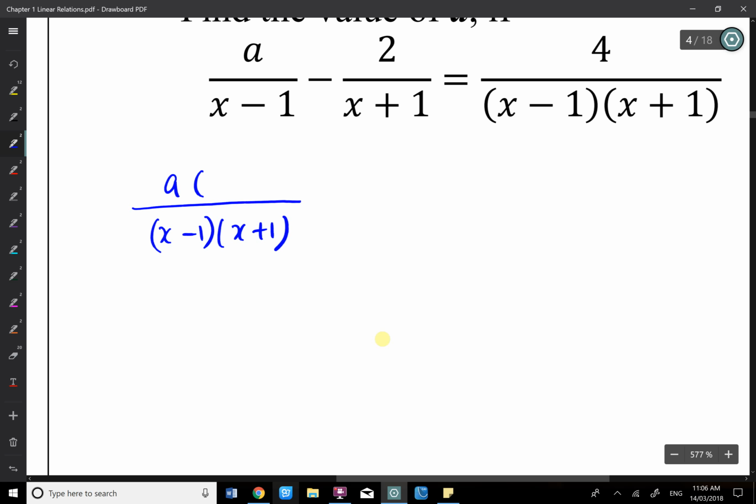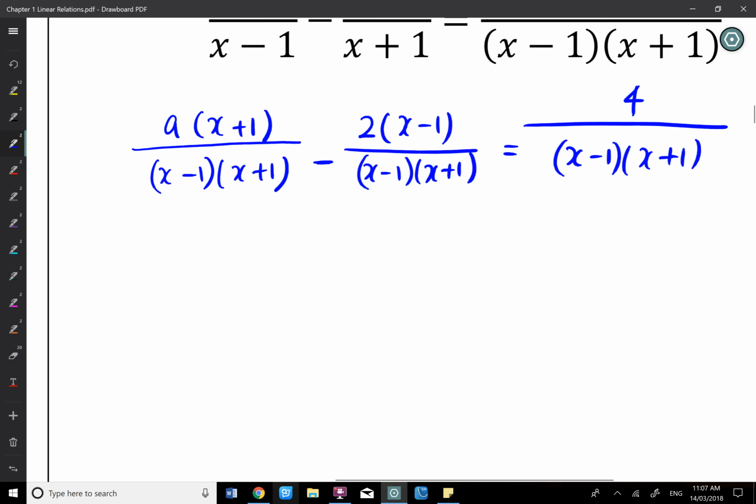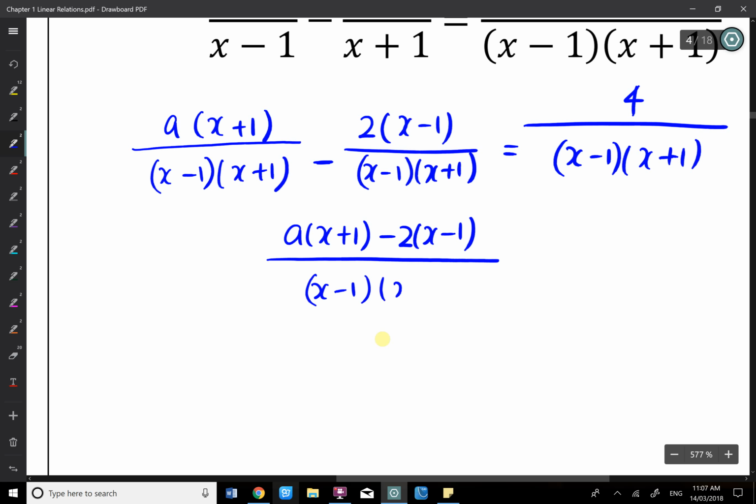We have a times (x plus 1) minus 2 times (x minus 1) over (x minus 1)(x plus 1) equals, well, I will keep the right hand side, it doesn't matter what it looks like. And then I will combine them before I expand the bracket.